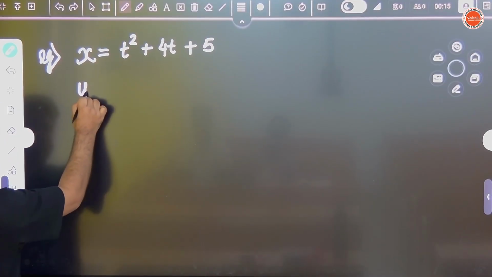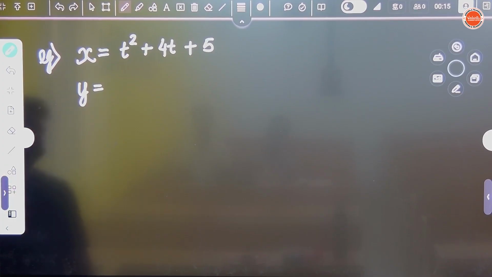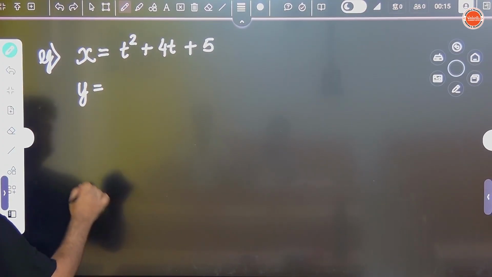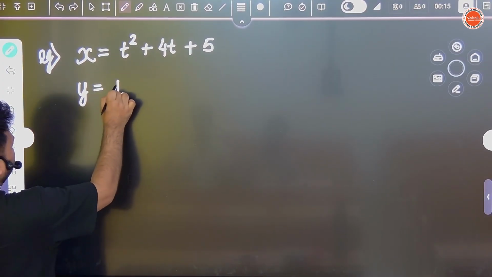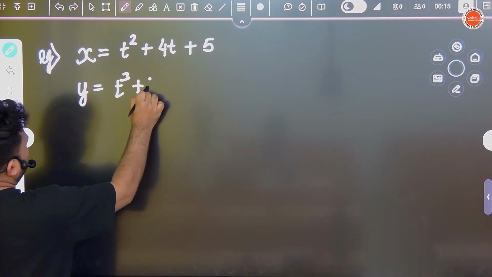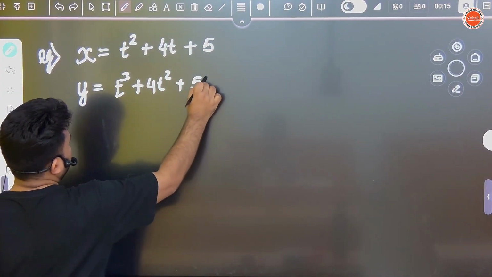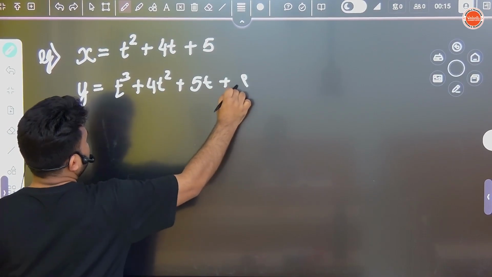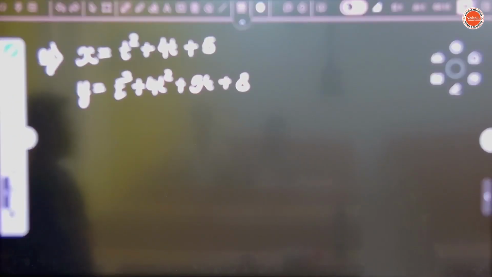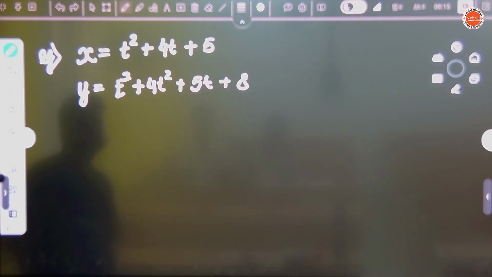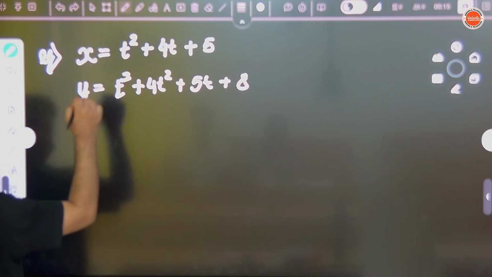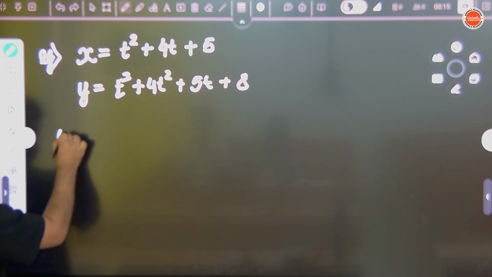Y coordinate is t cube plus 4t square plus 5t plus 8. Correct? Then they ask, what will be the net acceleration of the object?